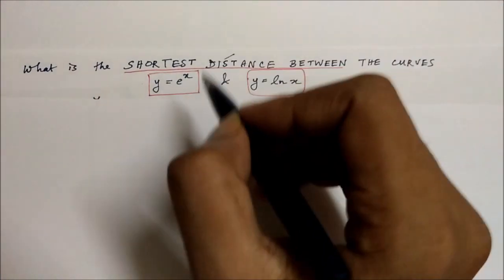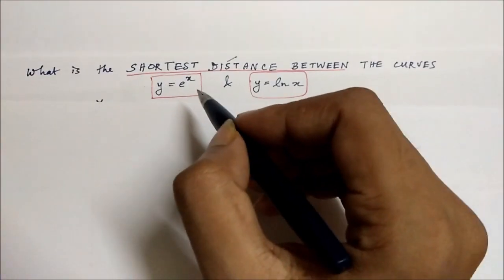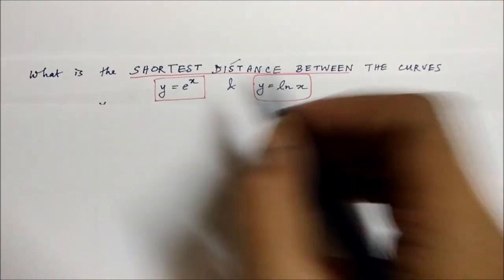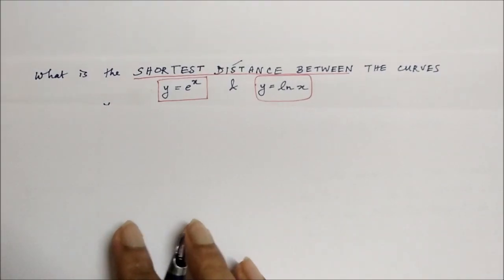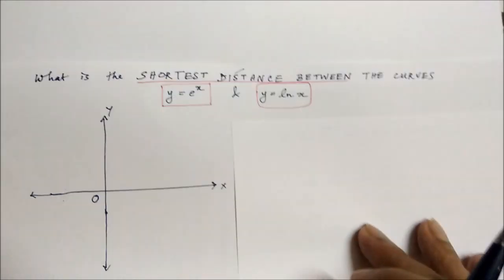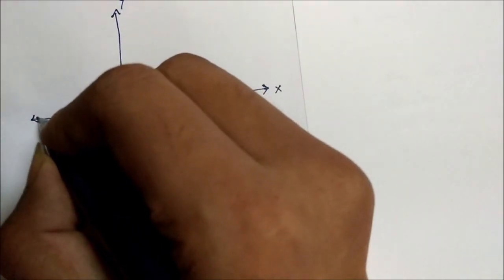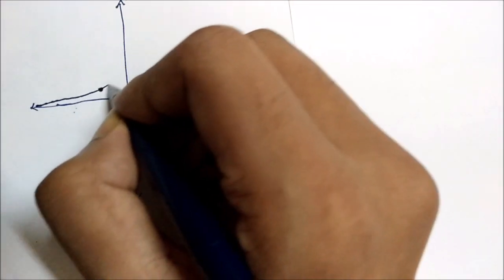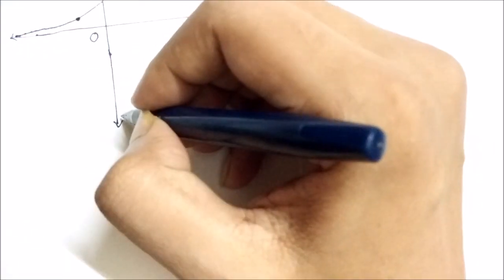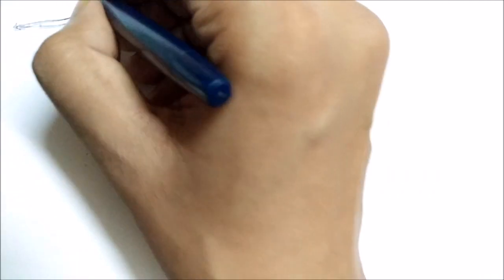Let us first try to look at how the curves corresponding to these functions look like. So, e to the power x is like this. It's the point (0, 1), as we all know.